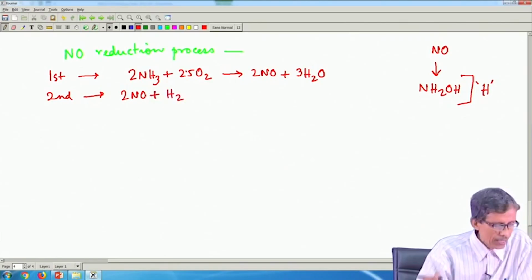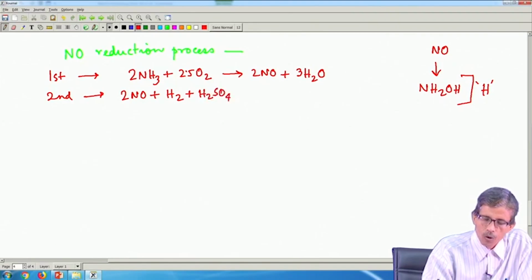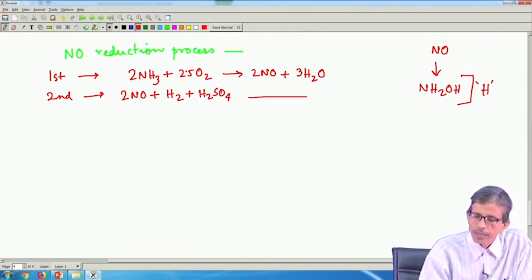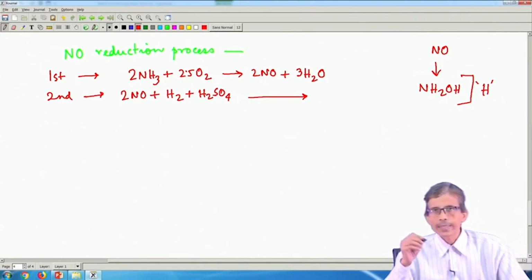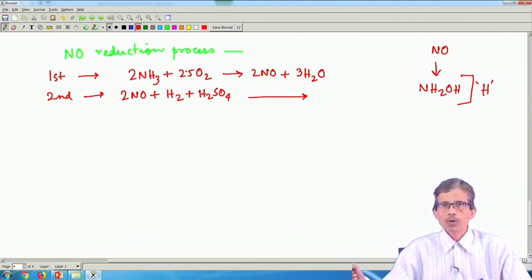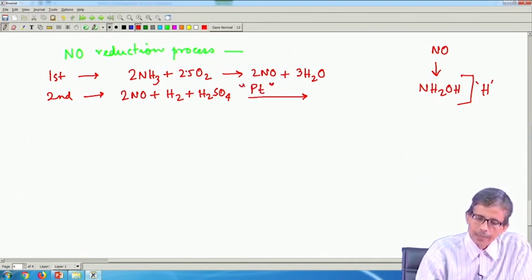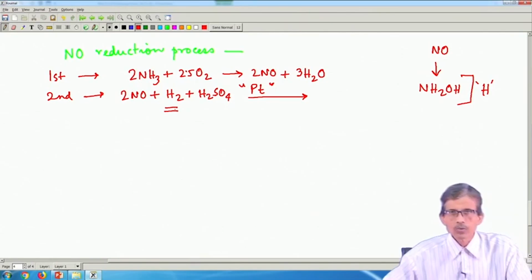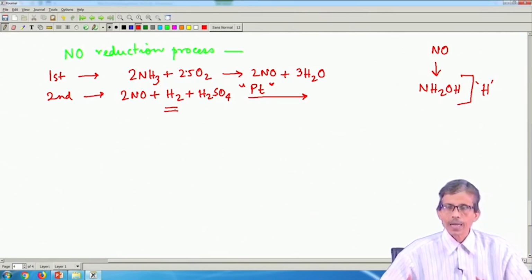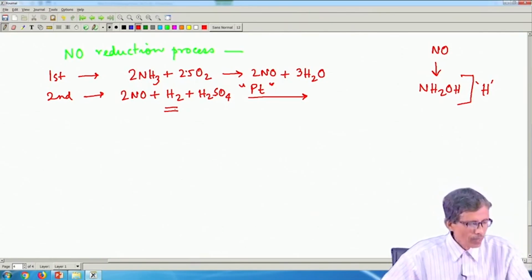That means hydrogen gas in the presence of sulfuric acid, because all the time we are using sulfuric acid, since we are trying to isolate it as the corresponding sulfate salt. We will take the help of a catalyst for this hydrogenation reaction utilizing elemental hydrogen, or hydrogen gas.